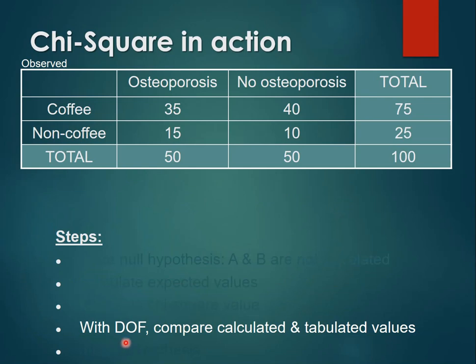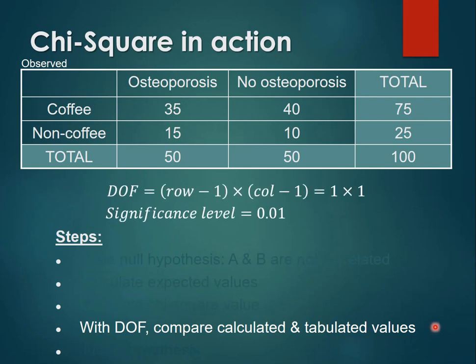Next, with the degree of freedom, compare the calculated and the tabulated values. For the tabulated values, we need to use the given values. First of all, the degree of freedom is the number of rows minus 1 times the number of columns minus 1.